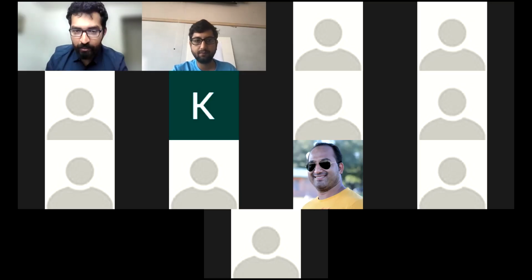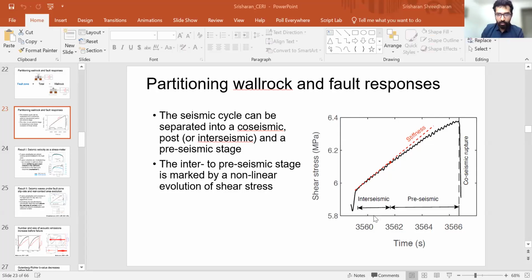I'm just going to stop sharing and show you my relevant slides, because the short answer is no. What we do in the lab in terms of separating pre and interseismic is somewhat arbitrary compared to nature, because in the lab I have the advantage of an incredibly long pre-seismic stage. In the lab, essentially 60 or 70% of the inter-earthquake time is pre-seismic, where you have pre-slip or creep.